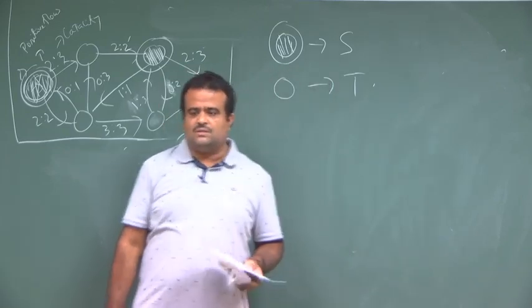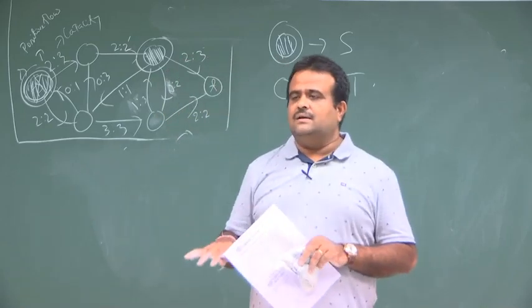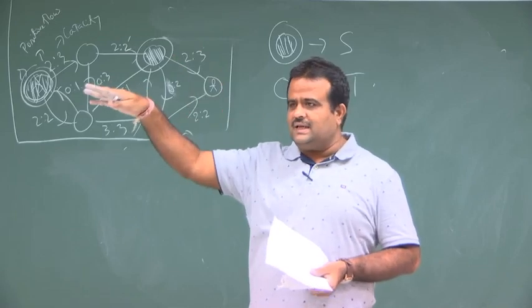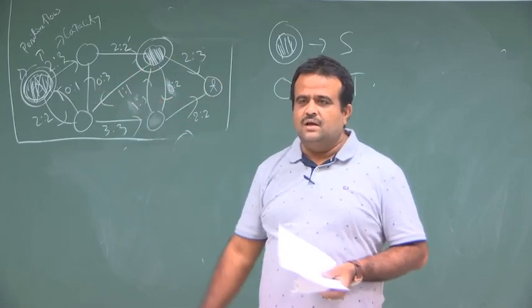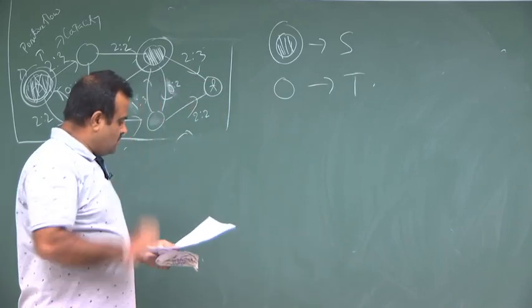This is one cut. The only thing we need to consider is that this is a partition, and the source must be in capital S and the sink must be in capital T. That is the only thing we need to take care of.